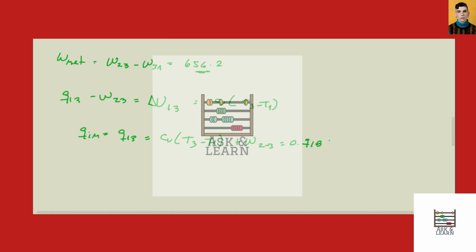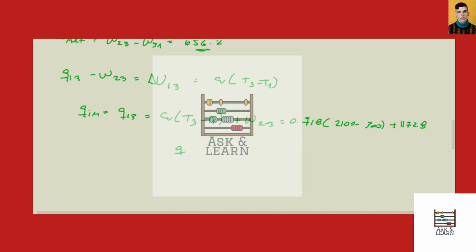And this is going to be equal to 0.718 multiplied by 2100 minus 300 plus 1172.8. Therefore, the input heat is going to be equal to 2465 kilojoules per kilogram.